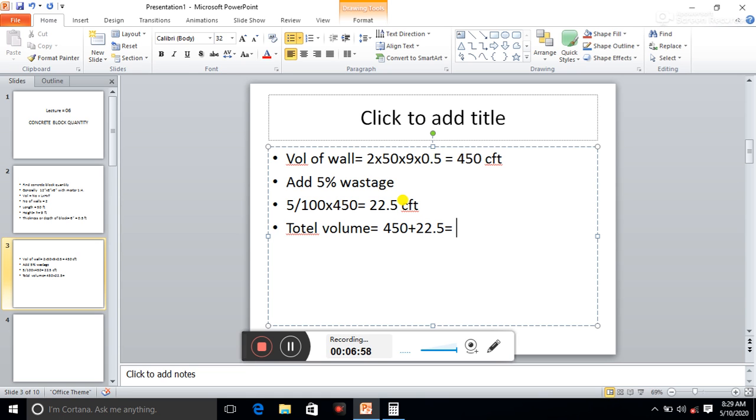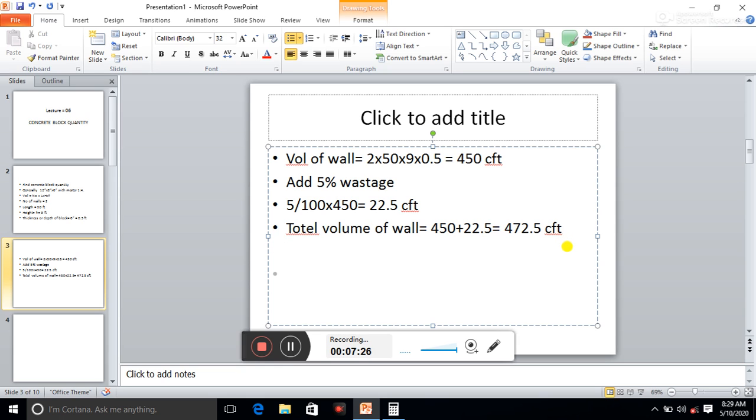It will become 472.5 cubic feet. This is the total volume of wall.